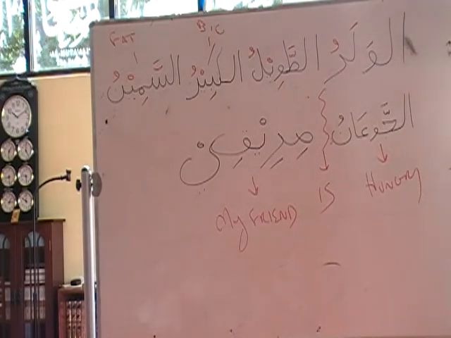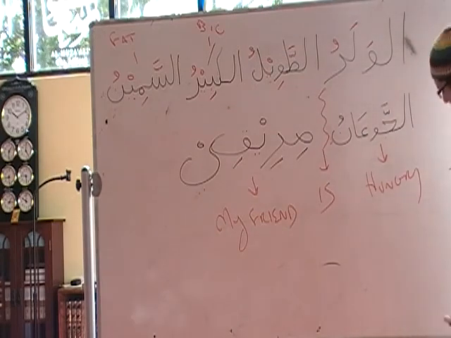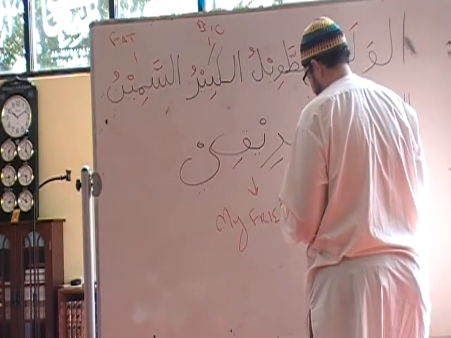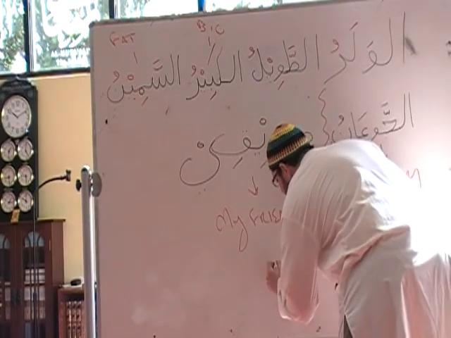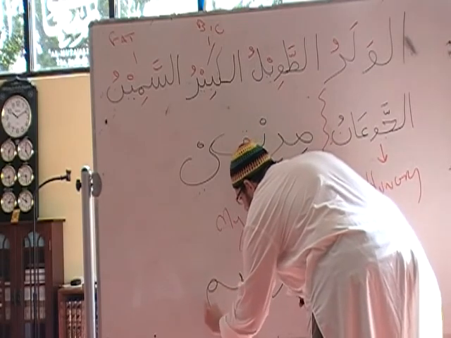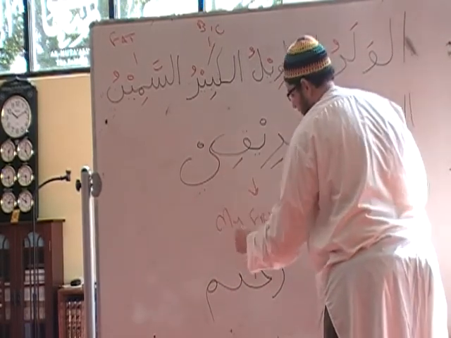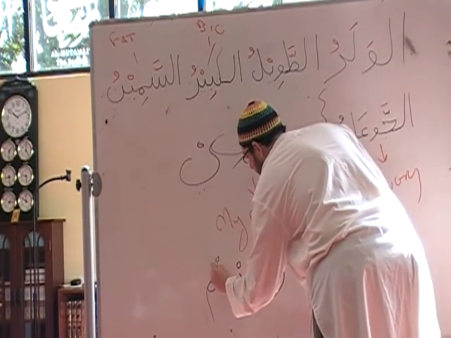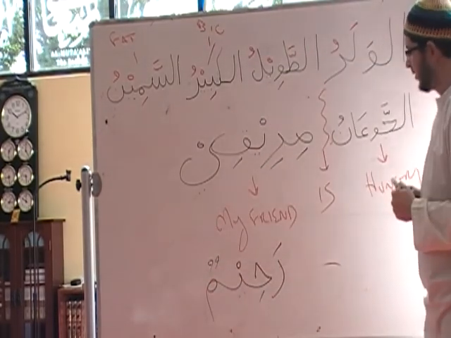Or you can even say something that's even, let me put it something a little bit easier. Another way to do it is you can also put Rahim. This is a little bit better. This is a better example. So Sadiq is kind of difficult because you haven't learned that stuff yet. Rahim. Right? Merciful.